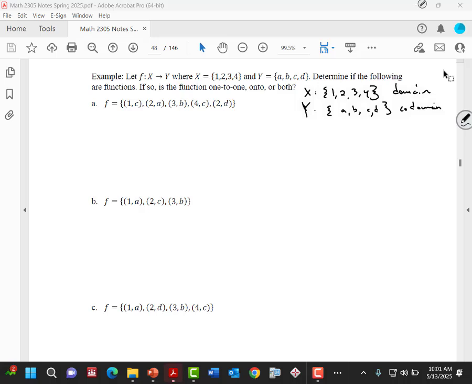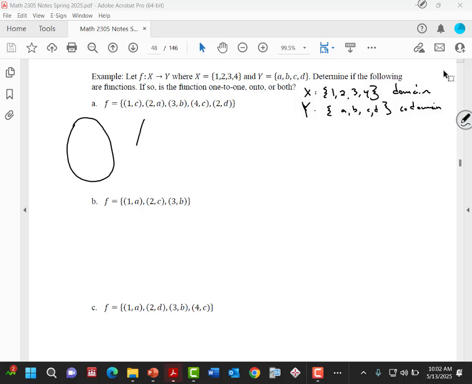A function is simply a relation or a mapping. It relates elements in the first set, the domain, to elements in another set, the codomain. I want to determine if any of them are one-to-one, onto, or both. So let's take a look.